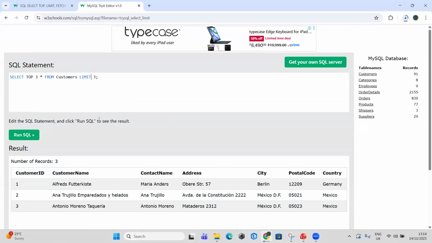Instead of top three, remove it and put limit three from here.